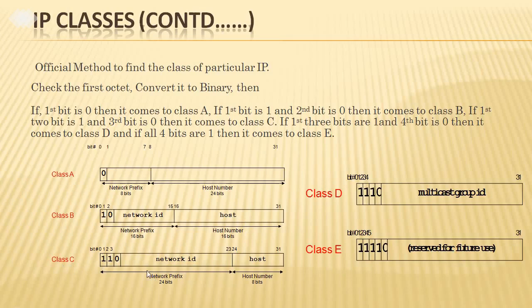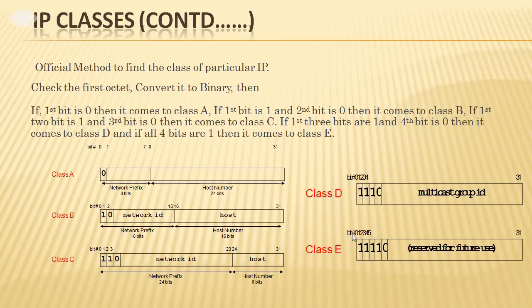In Class C, the network ID is 24 bits, starting with the first 2 bits as 1 and the third as 0, and the last 8 bits are the host number.